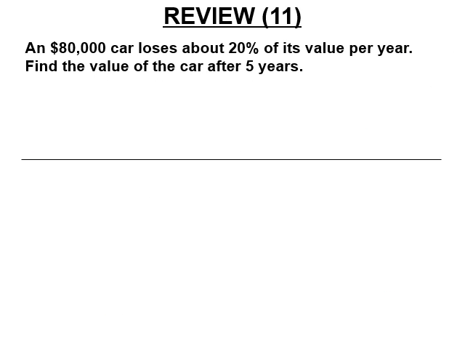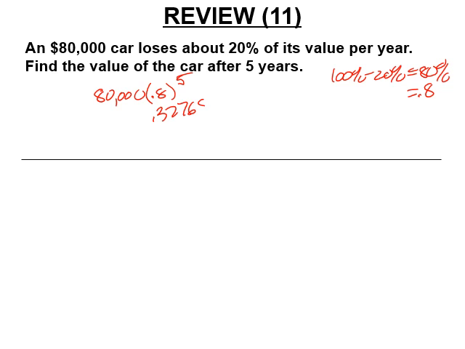Right. An $80,000 car loses about 20% of its value per year. So it starts at 80,000, goes down 20%. So it's 80% each year. So we're using 0.8. So it's 0.8 to the fifth, right? And so I need to do 0.8 times 0.8 and so on. 0.8 to the fifth power is 0.32768.